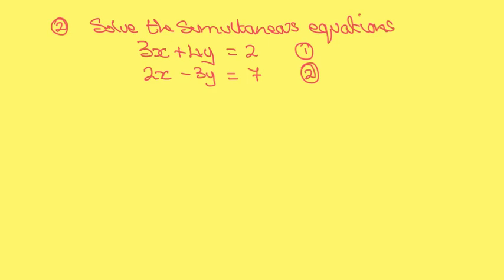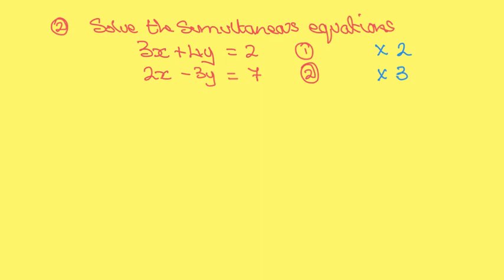So I'm going to take equation 1 and I'm going to multiply by 2. I'm then going to take equation 2 and multiply by 3. That will mean my x values will both be 6, so I can then eliminate them.